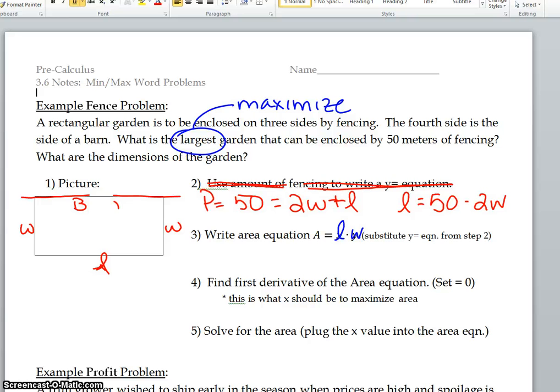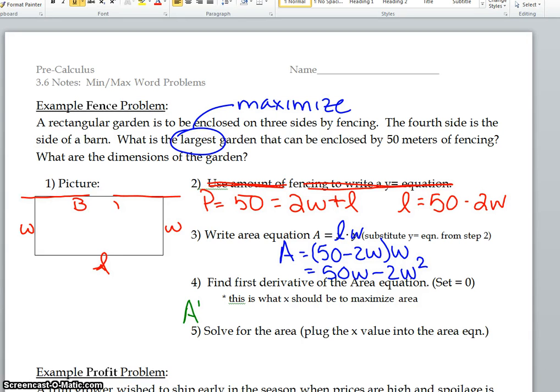And so what we have is that my area equals my length, which I've just renamed as 50 minus 2w, times my width. And if I distribute my w, I'm at 50w now minus 2w squared. And so like I said, we're trying to maximize area. So what I'm going to do is take my area and take the first derivative.